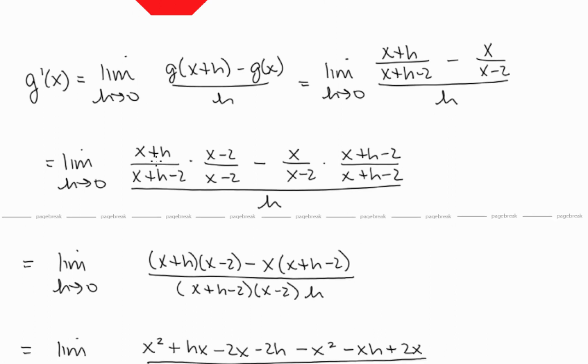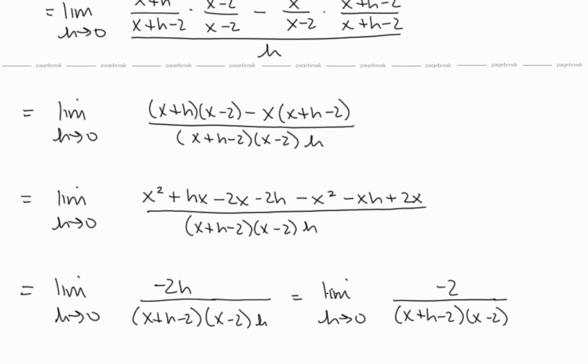So combining our numerators, we have (x plus h) times (x minus 2) minus x times (x plus h minus 2). And dividing by h, we know that's multiplying by 1 over h, so that h can go into this denominator. And so we're here.